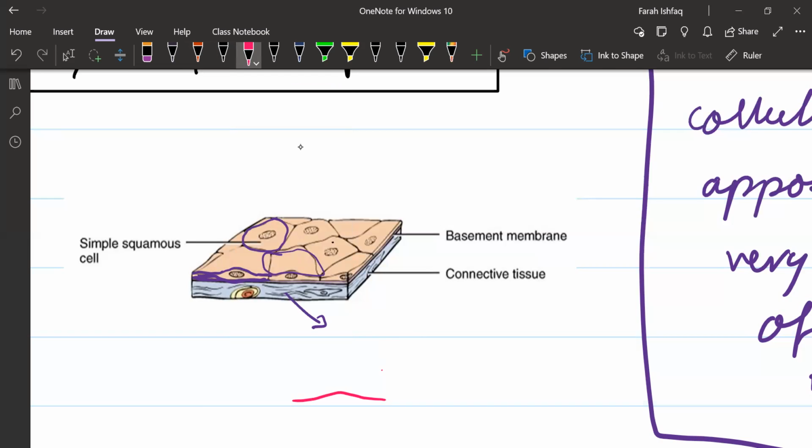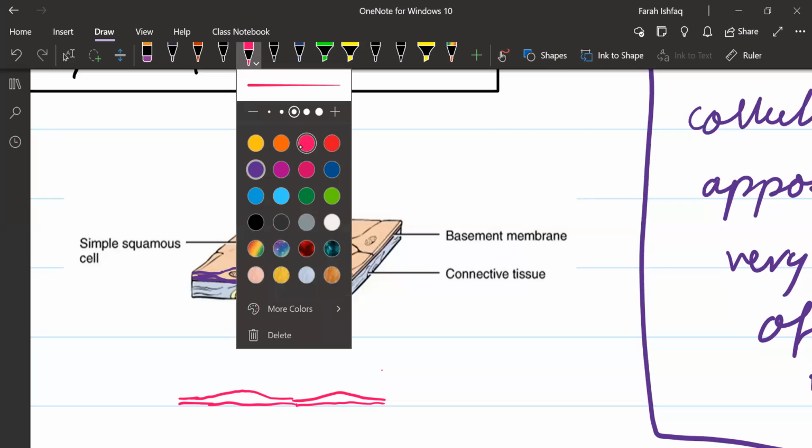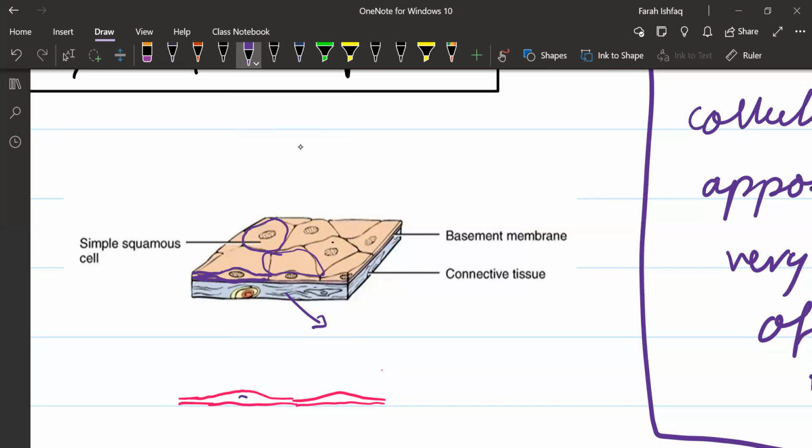Narrow in the margins and bulging in the center. So this is how you will make the spindle-shaped squamous cells, and the oval nucleus lies in the center, and the bulge is due to the presence of the nucleus.